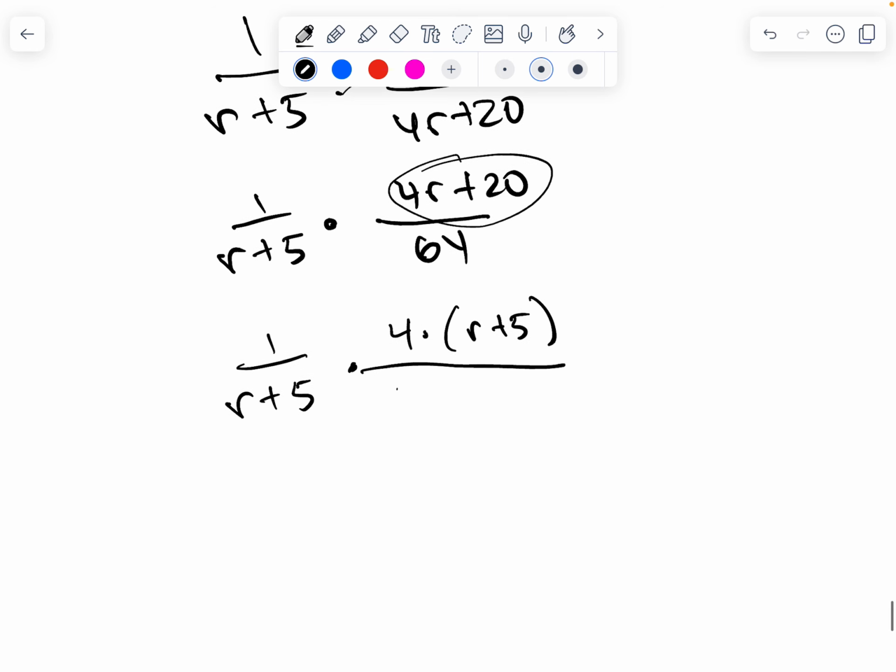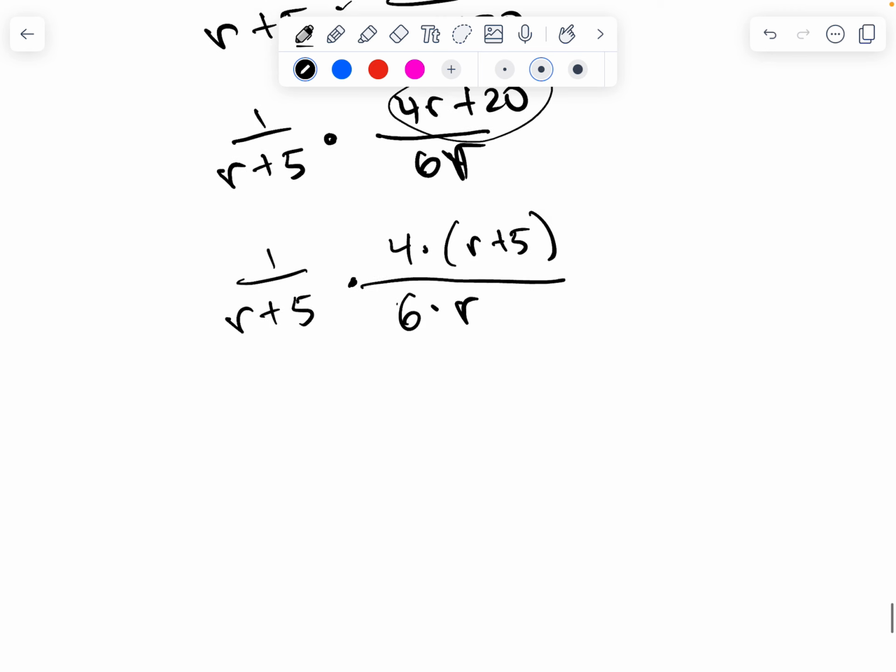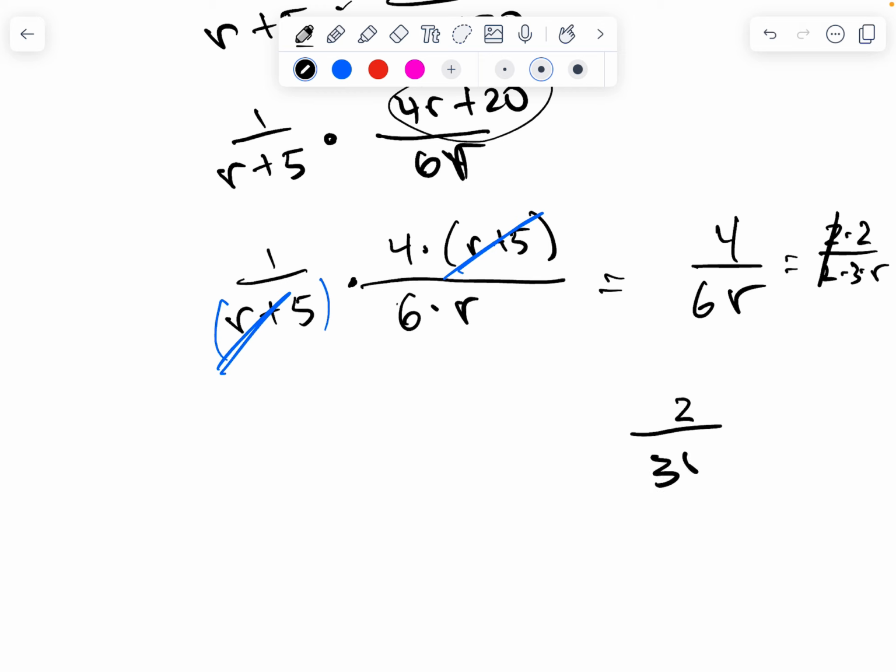So this is going to be 6 times r. Okay, so we start canceling things out. We've got r plus 5, that cancels, and then we have 4 over 6r. But 4, we can factor as 2 and 2, 6 is 2 and 3, and r. That can cancel, and so we end up with 2 over 3r. Okay, that's it.